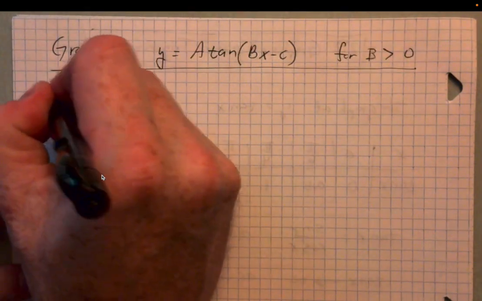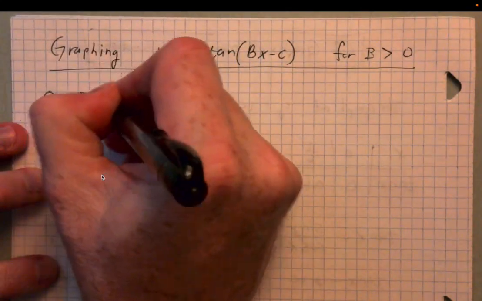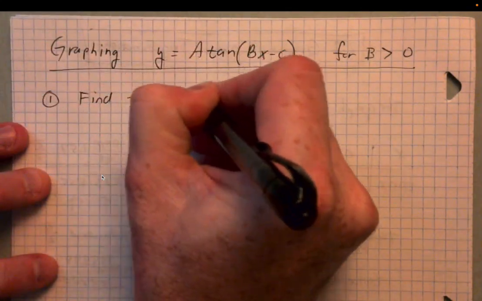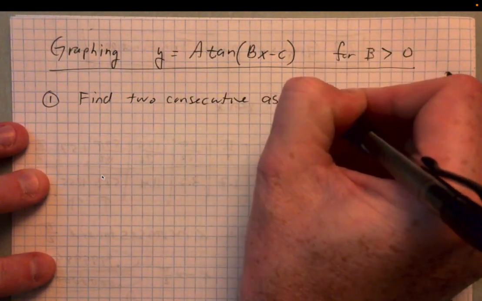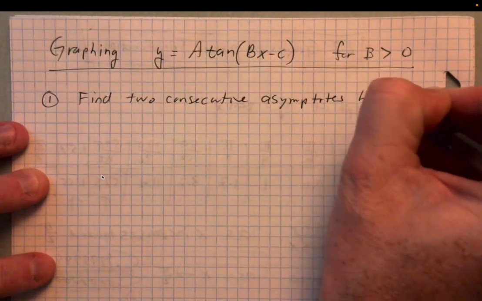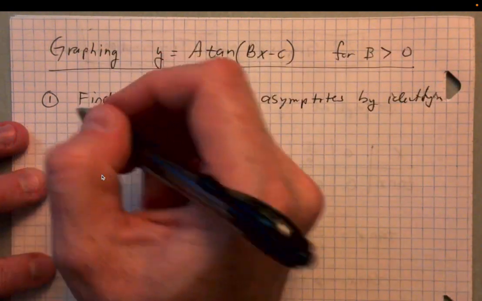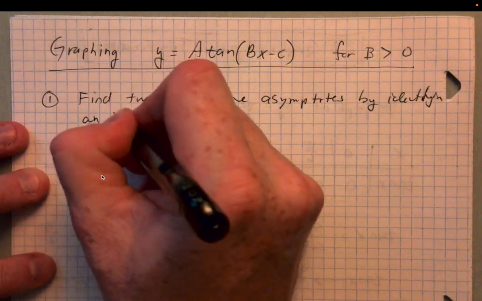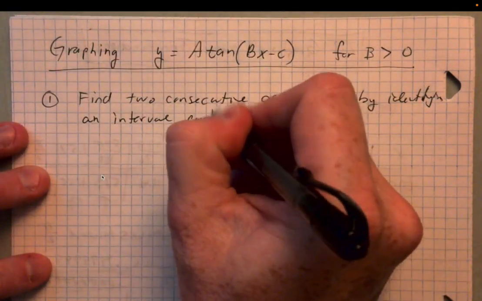So step 1 here: we're going to find two consecutive asymptotes by finding an interval containing a period. Let me write that down. Find two consecutive asymptotes by identifying an interval containing one period.